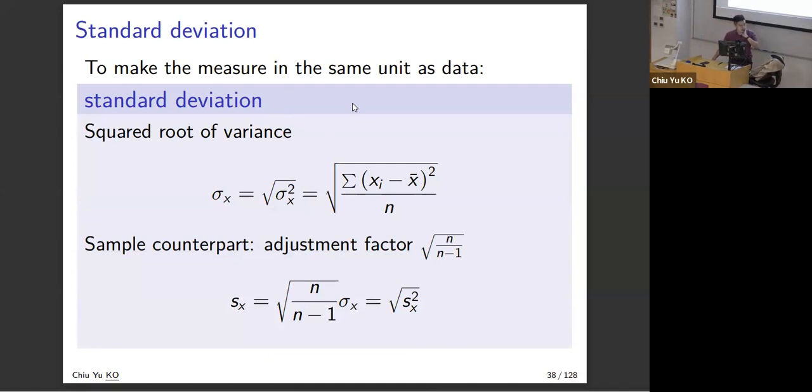The reason is the variance takes a square, which means every unit will be squared. When you measure length, cm becomes cm squared, which is a weird way to say it. So every time we just take the square root to get the standard deviation.